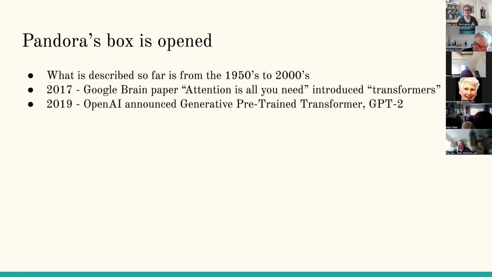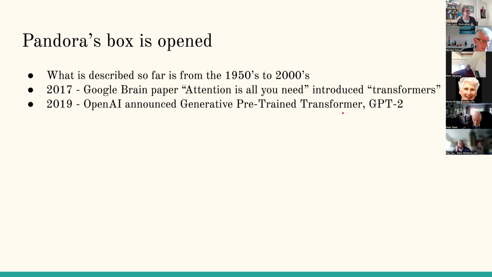And after the 2017 paper, in 2019, OpenAI announced Generative Pre-trained Transformer, GPT-2. So you can see where these initials come from now. G is generative. So we're taking a small amount of data and producing a large amount of data. Pre-trained, it's had all its weights preset, and it includes transformer layers in its design.